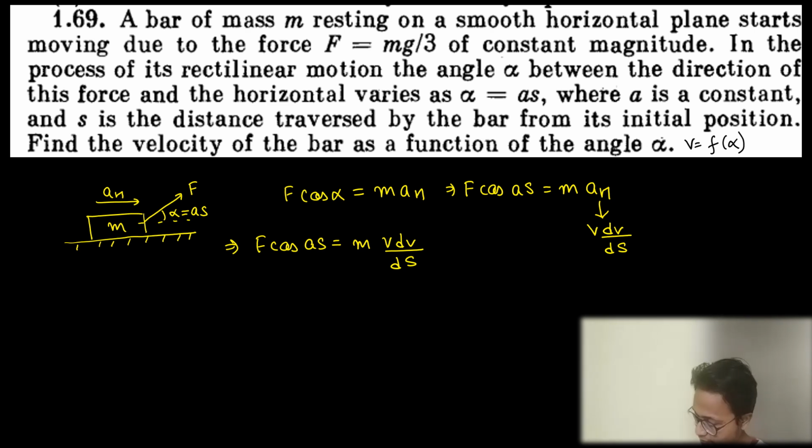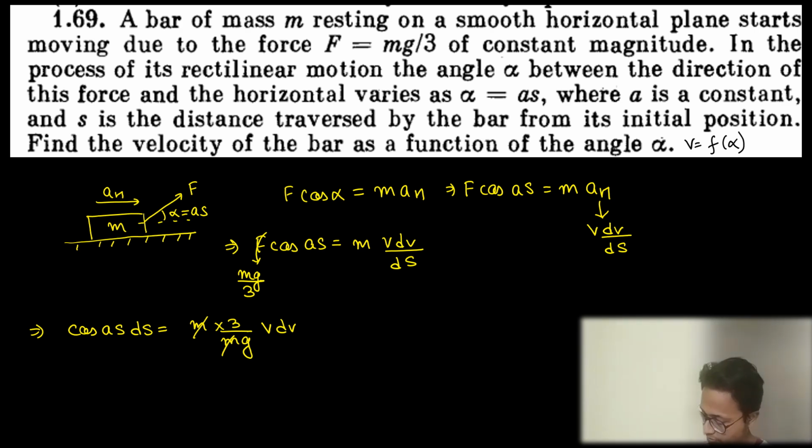Out here F is also mg by 3. So let's solve this one. cos as into ds is equal to m into 3 by mg into v dv. m and m will get cancelled.